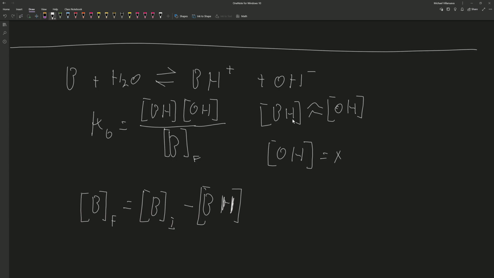So we have the final concentration of the base being equal to the base's initial concentration minus the salt of the base.